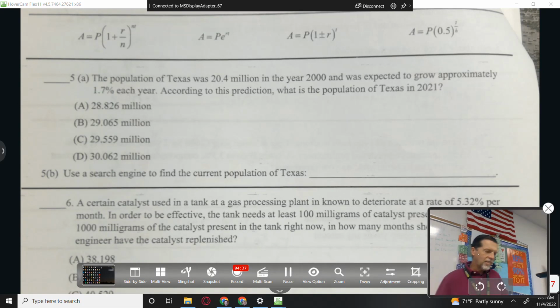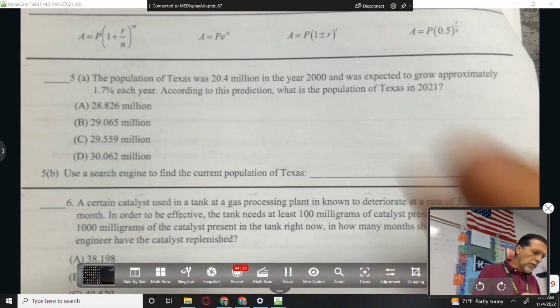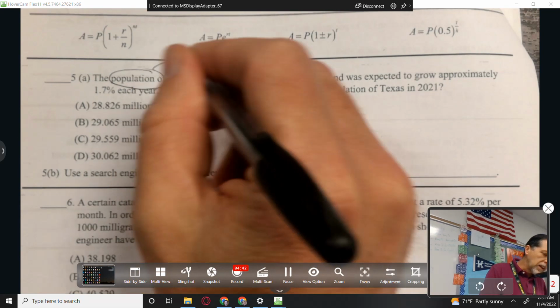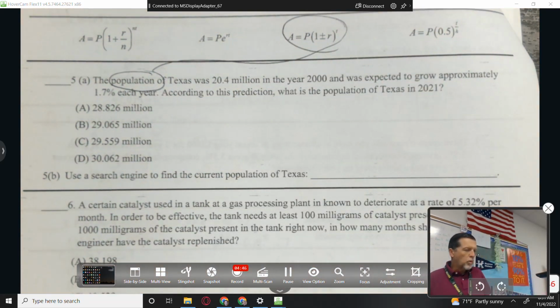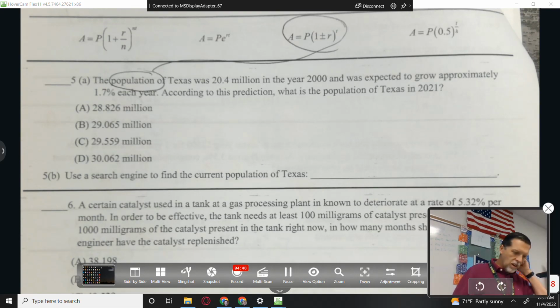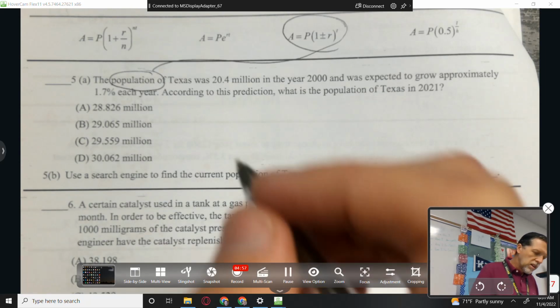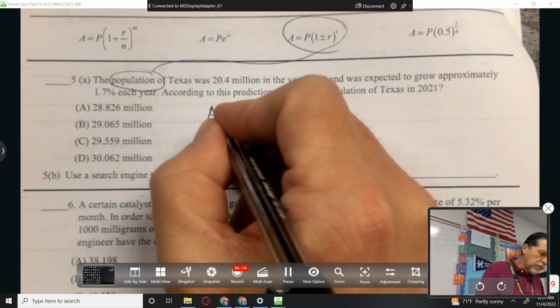Population of Texas. So already I'm thinking this is probably that formula. 20.4 million in 2000, expected to grow approximately 1.7% each year. According to this prediction, what is the population of Texas in 2021? Okay, so the after we don't know.